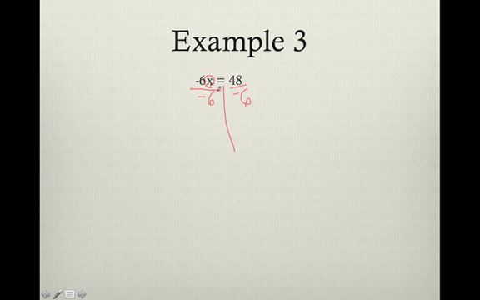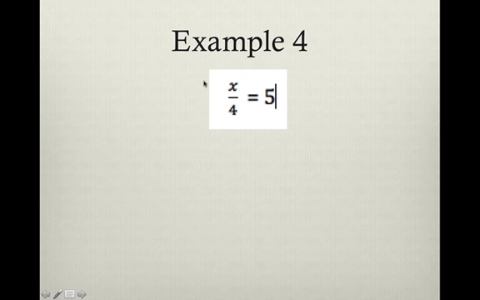So when you divide both sides by the same number, you have to take that sign along for the ride. Negative 6 divided by negative 6 gives you 1, so that gives me an x, 1x. And then 48 divided by negative 6 gives me my negative 8. So I get x is equal to negative 8. Remember to check your work using a calculator.